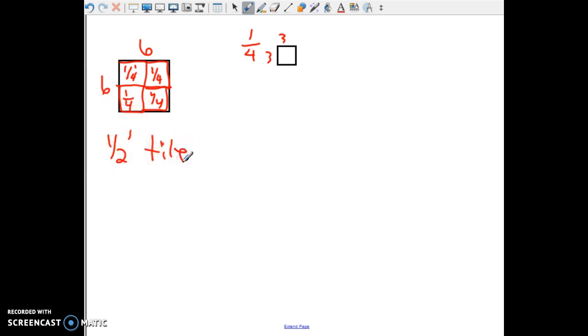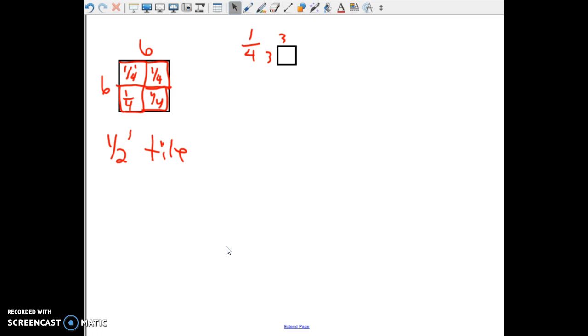So how many 1/4 foot tiles would I need if it takes 4 1/4 foot tiles to cover the 1/2 by 1/2? So question number 3 is how many 1/4 foot by 1/4 foot tiles would Sonia need to cover a 1/2 foot by 1/2 foot tile? And as I've demonstrated here in our drawing, it would take 4 tiles, and that's the answer to number 3.